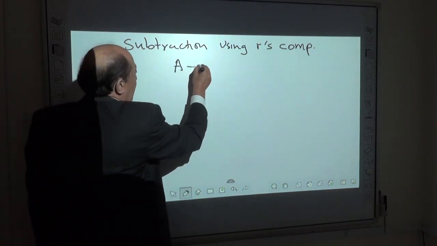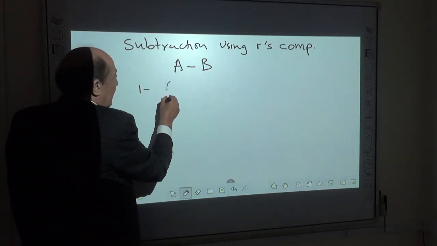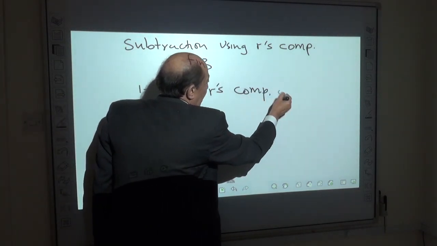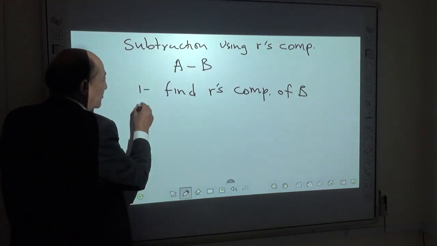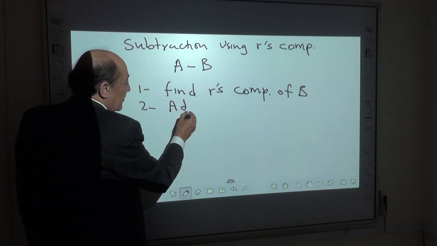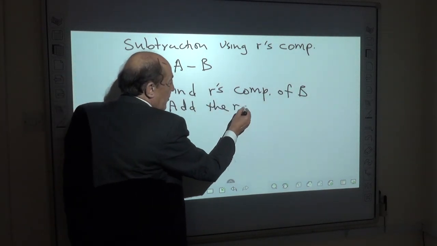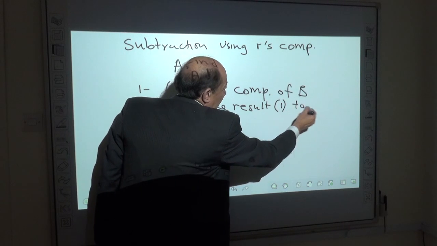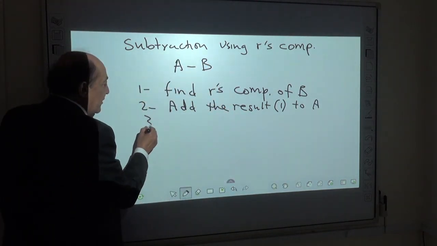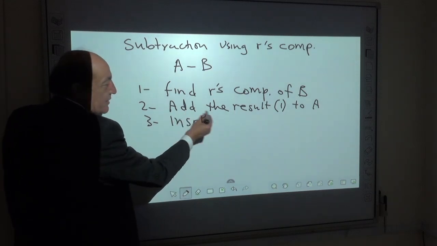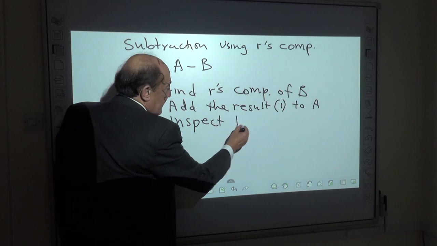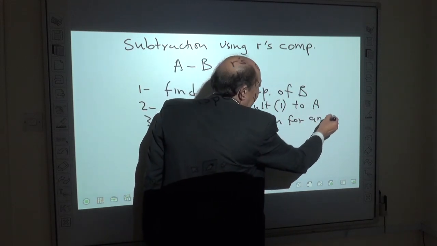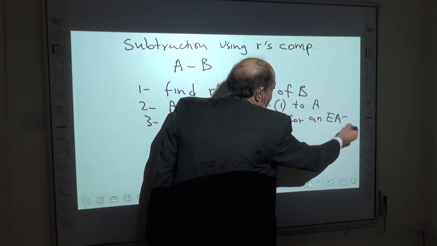We have A minus B. We again find the r's complement of B, and add the result from step 1 to A. Then we inspect the result, examine the addition sum, for an end-around carry.